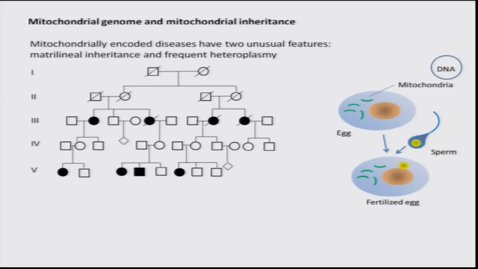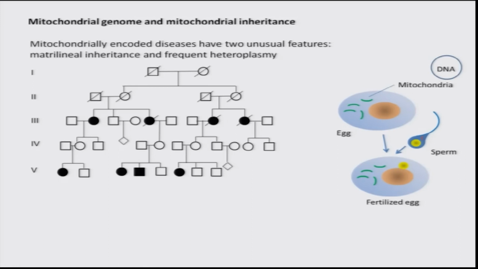What is interesting is that when the egg and the sperm fuse to form what is called a fertilized egg or zygote, the mitochondria of the sperm are not transmitted to the embryo. So, it is only the mitochondria of the mother that are retained in the egg. Only the nucleus that carries the DNA is allowed to fuse with the egg.